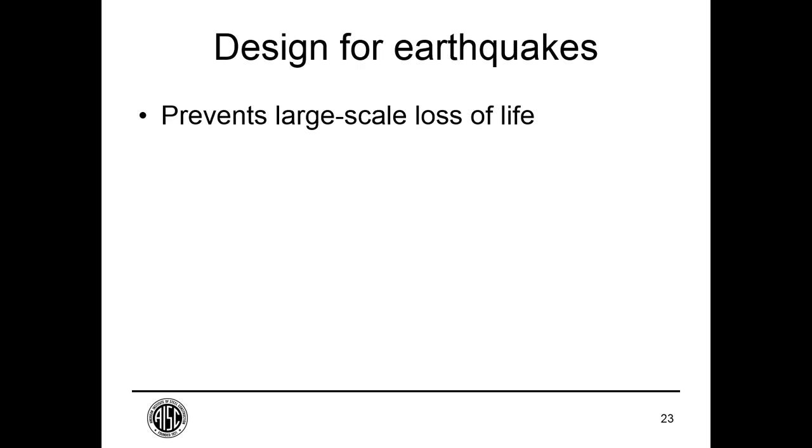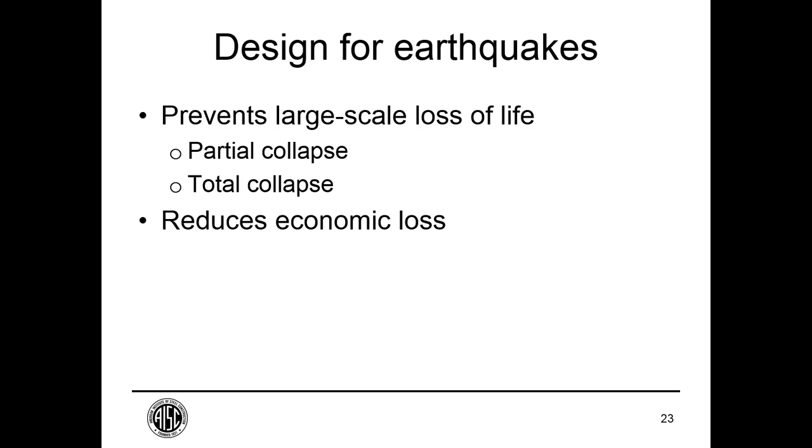We can't prevent all damage, but we certainly have the ability to drastically reduce the loss of life that an earthquake causes when it hits a heavily populated area. We're going to try to prevent partial collapse or total collapse of structures, make those very, very rare and unlikely, and thus the level of fatality will be much lower.